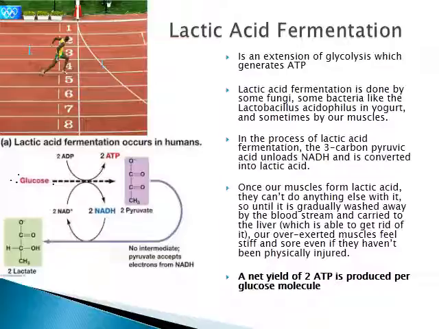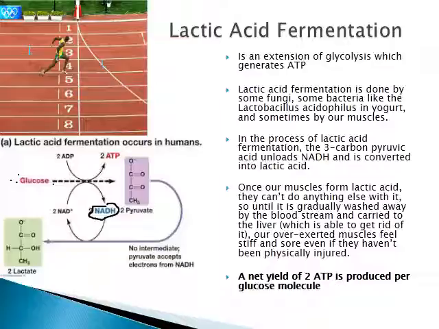Normally your NADH would travel to the electron transport chain where it would be unloaded, and then it would be able to return as NAD back to glycolysis to pick up hydrogen ions once again. Now, for anaerobic respiration to work, it's important that the NADH is able to be unloaded somewhere. What happens is, because we don't have oxygen, the electron transport chain won't work, so it won't unload it.